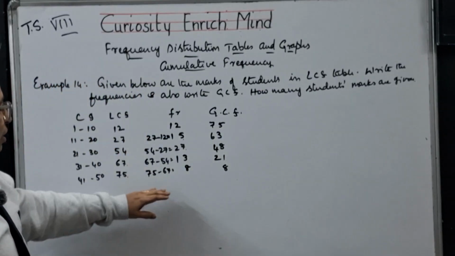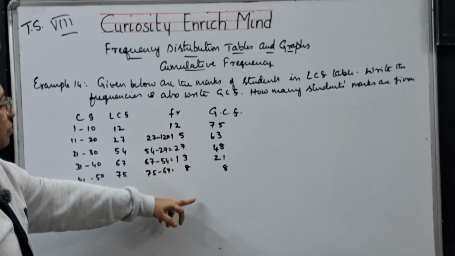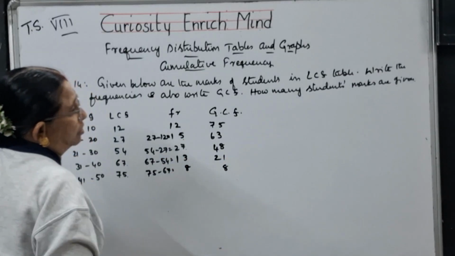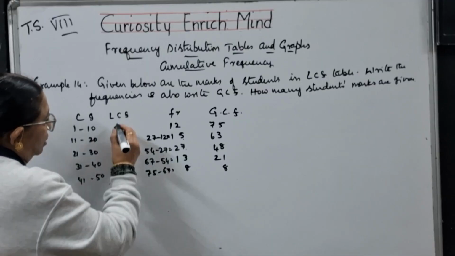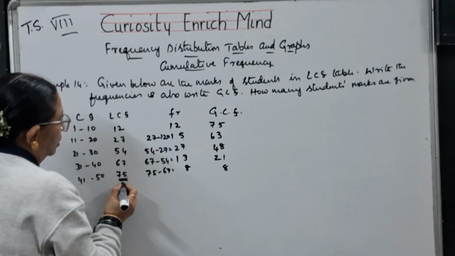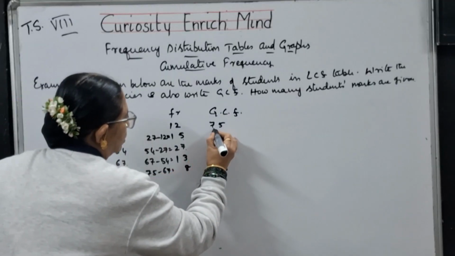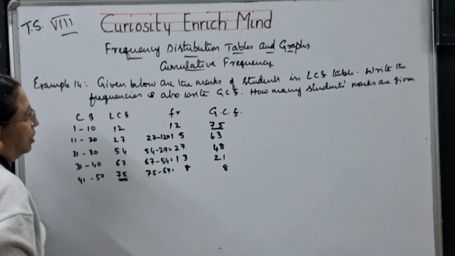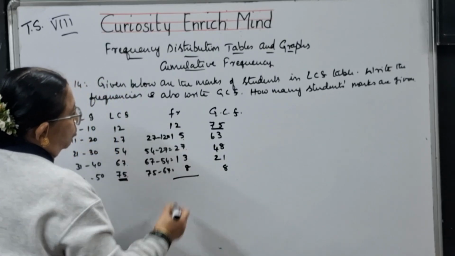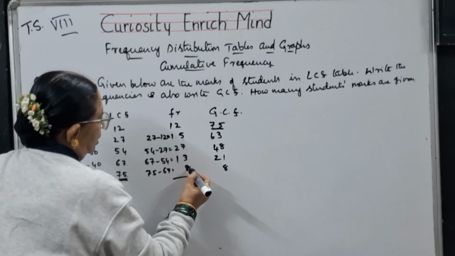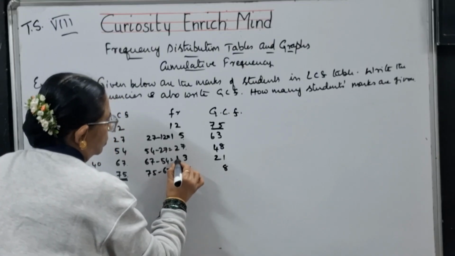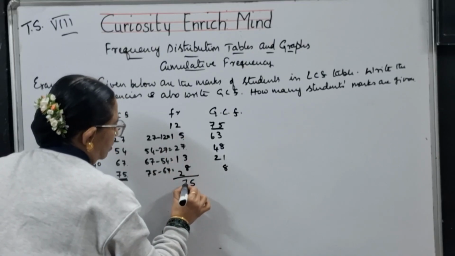So in this way, whatever was asked, we have done. Now the next question is, how many students' marks are given? Say children, if you find the last value of LCF, or the greatest value of GCF, or if you add the frequencies, how much are you getting? 12, 15, 27, 13, 8, the total is 75.